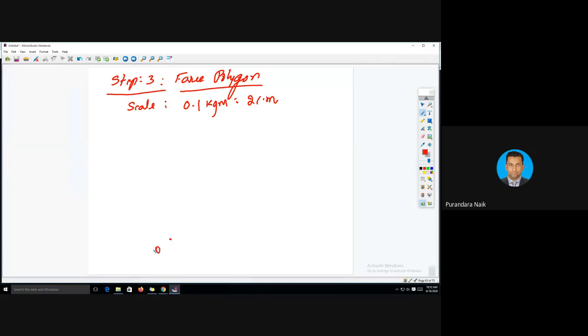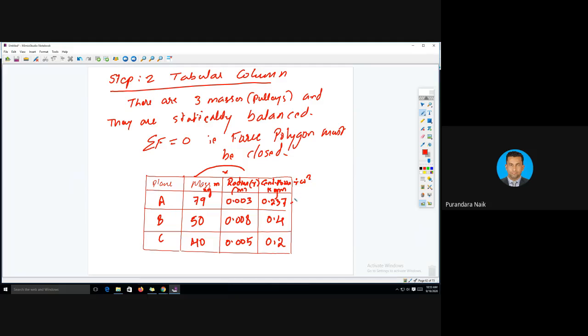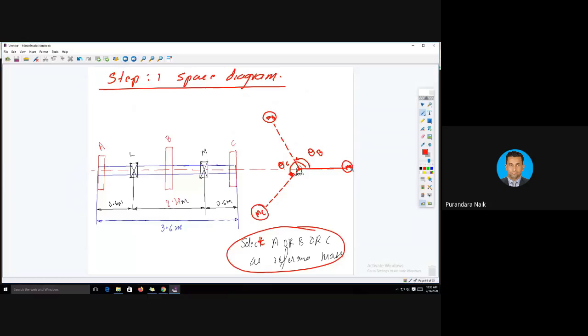This is the point O. Okay, A is 0. Angle is 0. Look at this. A is 0 angle.